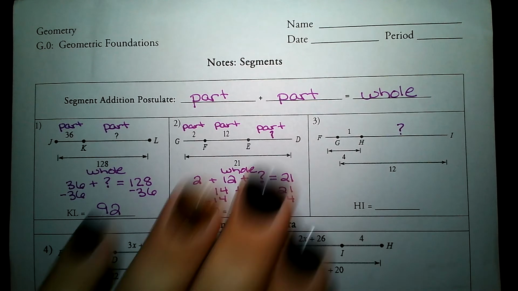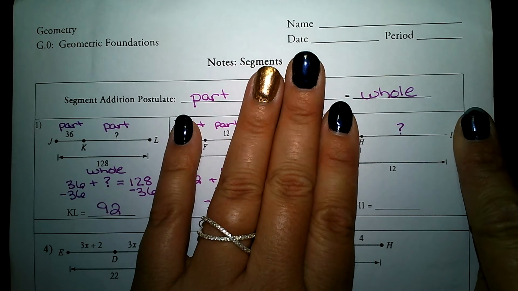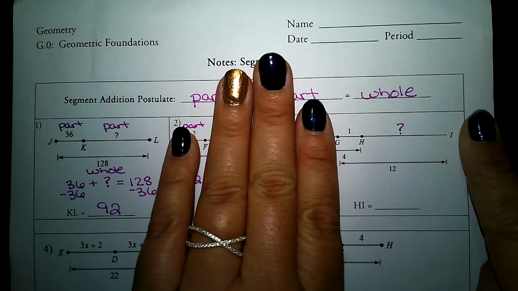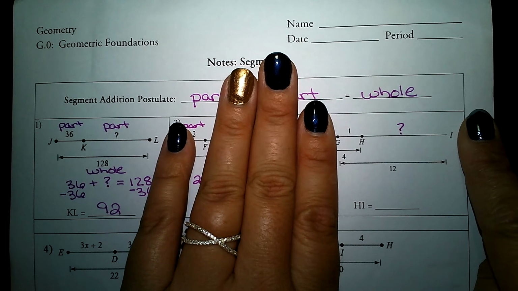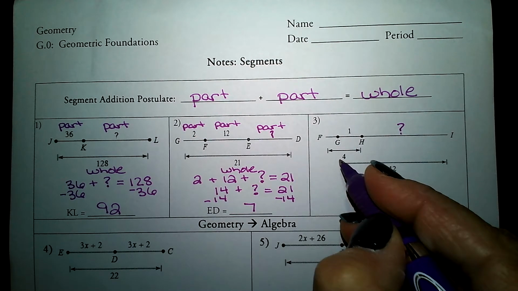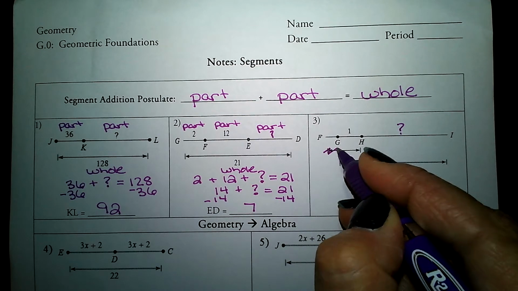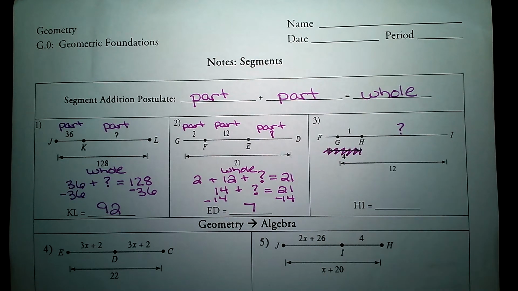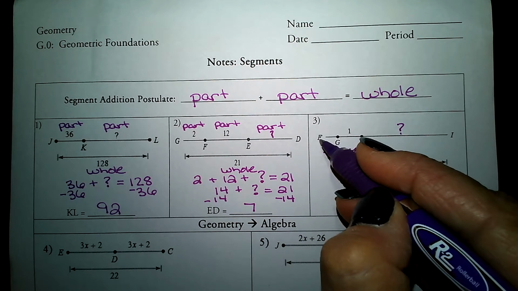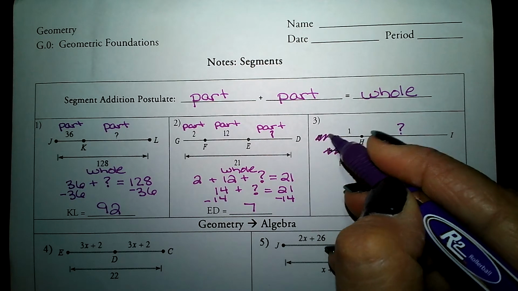If I'm looking for H to I, and I know from G to I is 12, then it seems like this 4 is unnecessary. I'm going to take that out. In fact, I don't even need this little piece of segment FG.